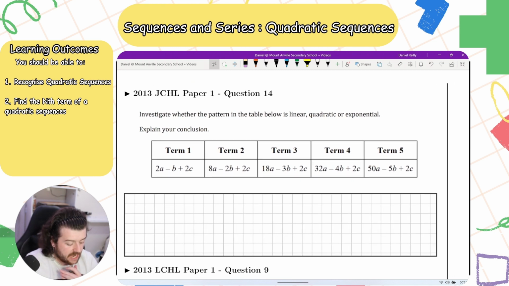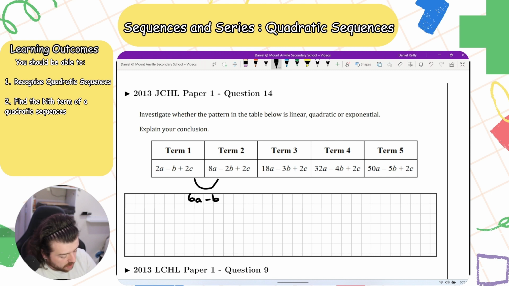Right, another one here. Investigate whether the pattern of the table is linear, quadratic, or exponential. Explain your conclusion. Well, looking here, let's look at the first difference. So 8a minus 2a is 6a. Minus 2b minus negative b is going to be just minus b.